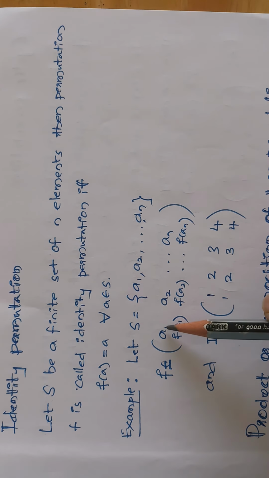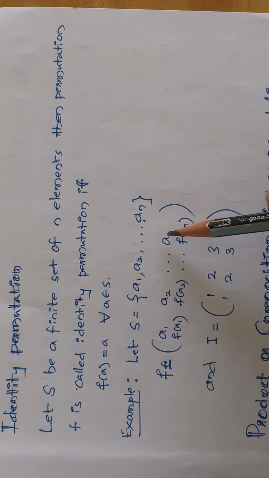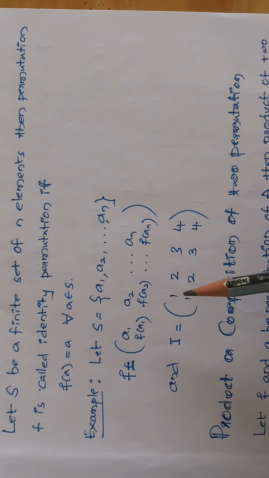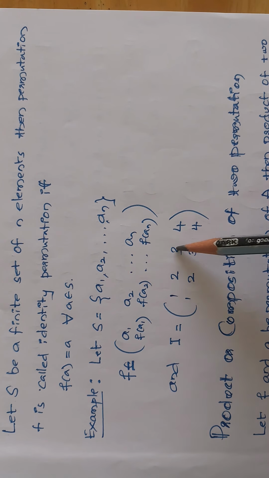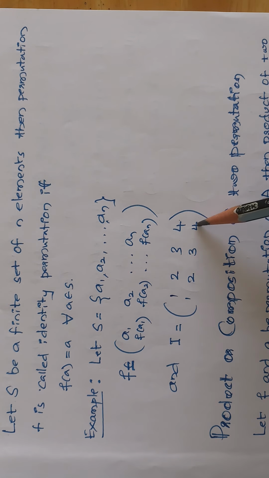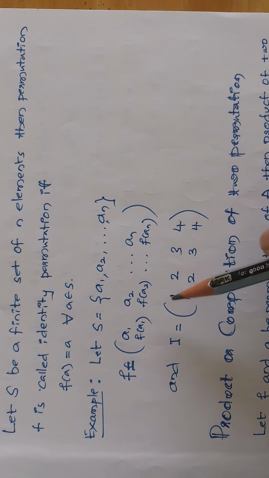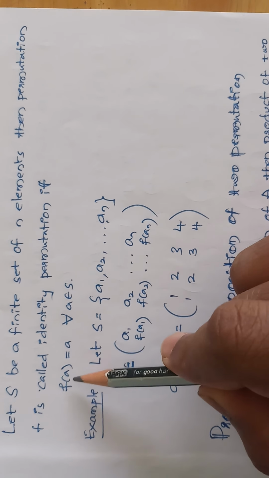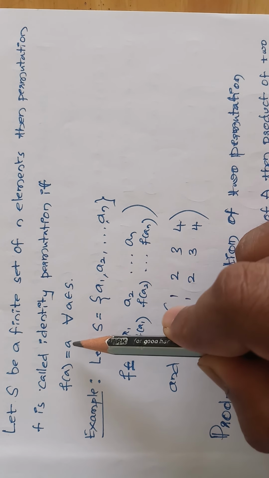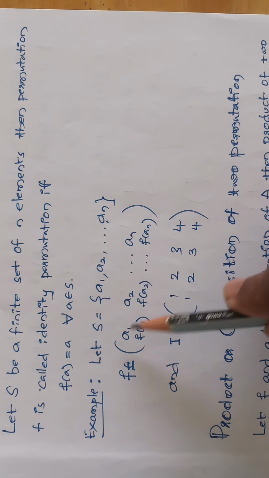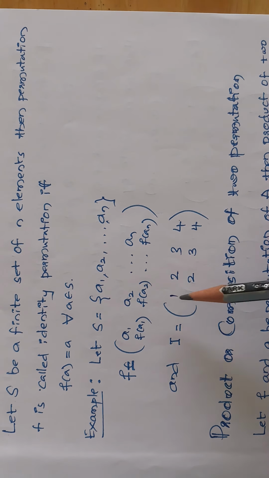So a1 is f of a1, a2 is f of a2, an is f of an. An example is 1 goes to 1, 2 goes to 2, 3 goes to 3, 4 goes to 4. Same element. So 1, 1, 2, 2, 3, 3, 4, 4.